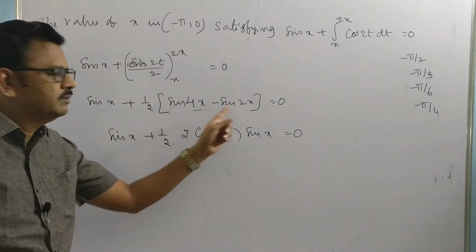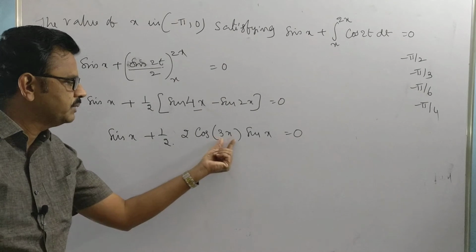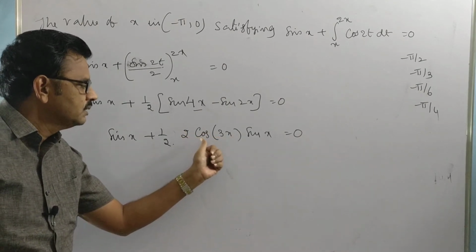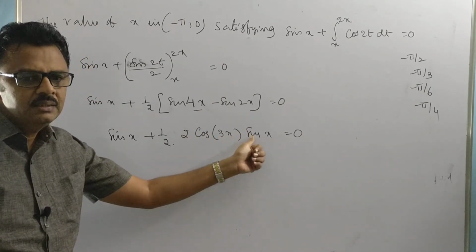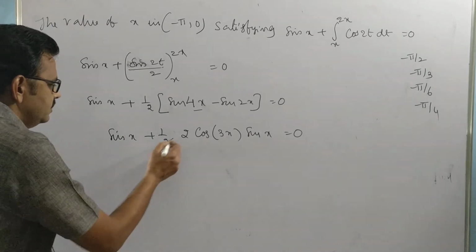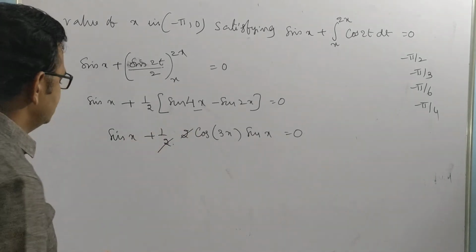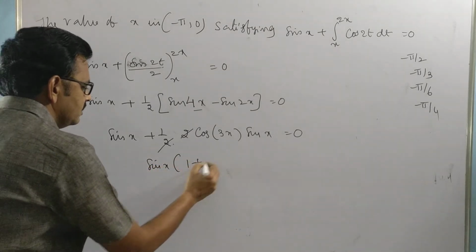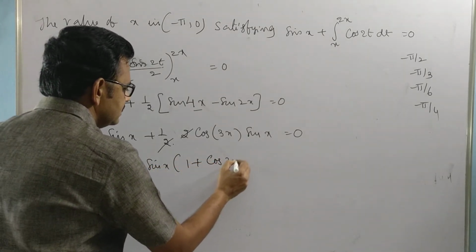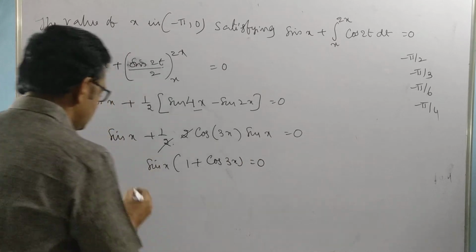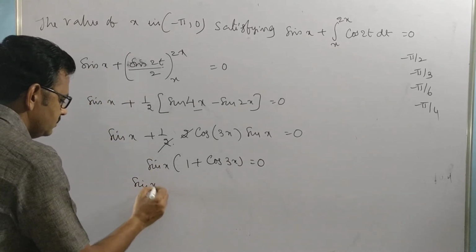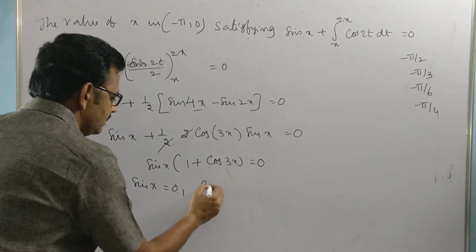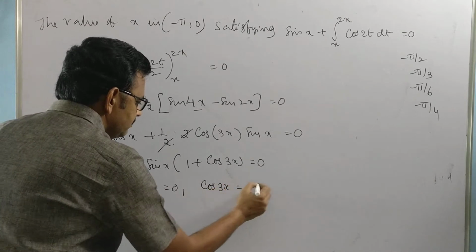The 2 gets cancelled. Now we can take sin x common: sin x (1 plus cos 3x) is equal to 0. Therefore sin x is equal to 0 and cos 3x is equal to minus 1.